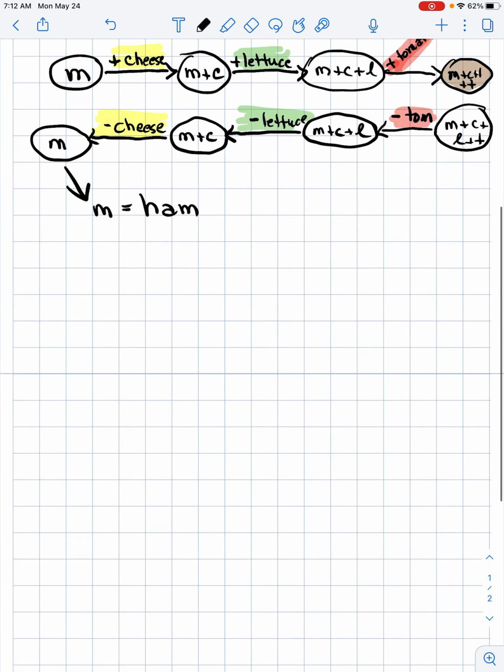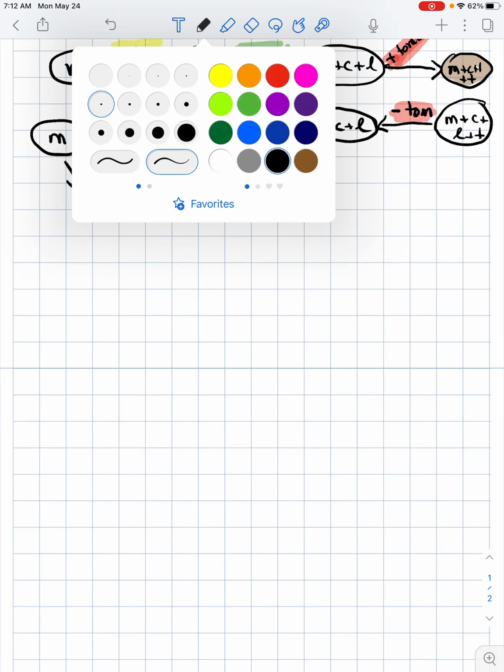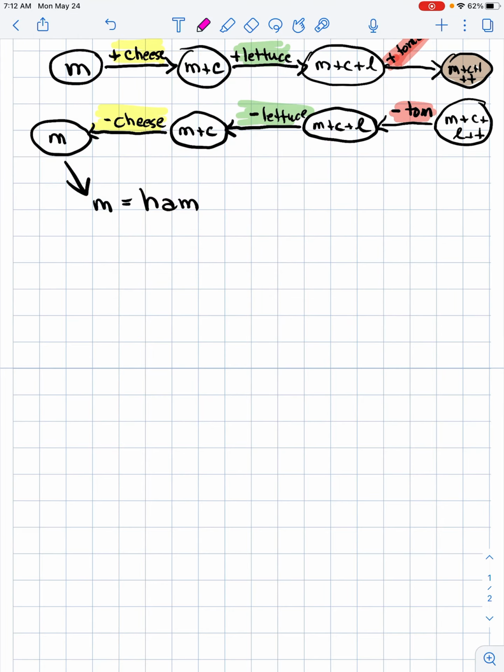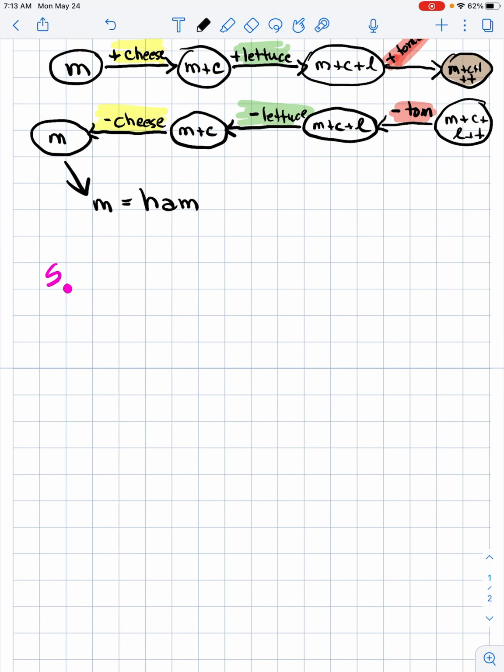Another way of looking at that is what I usually do in my classroom. If I were in my classroom in a regular school year, let's say I have a person who is starting a journey here. And we'll let the variable be S because S is actually the starting point.